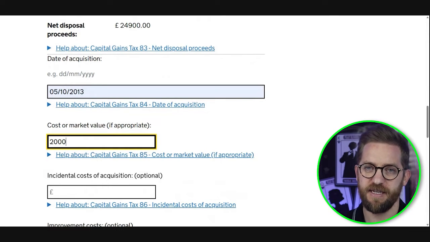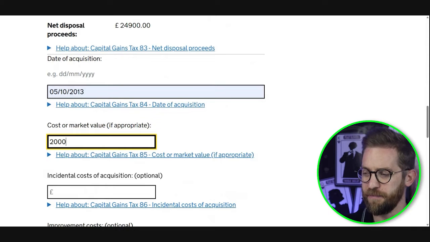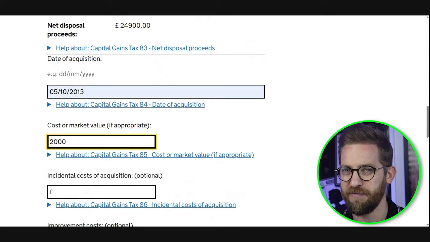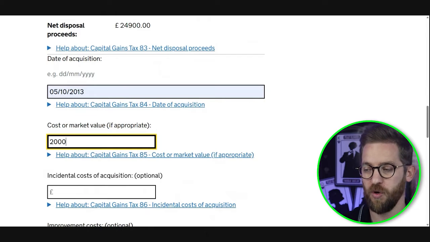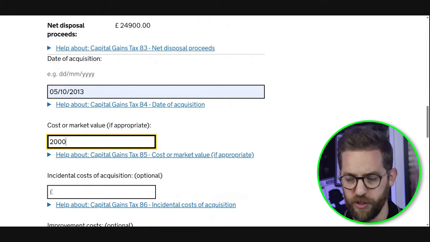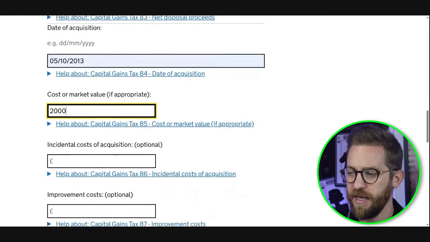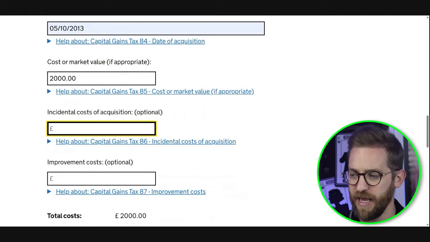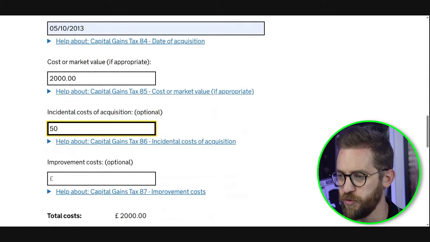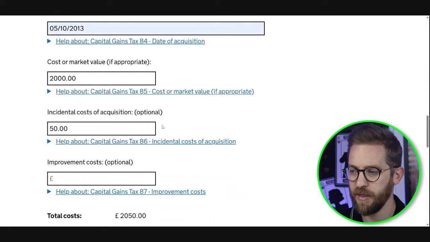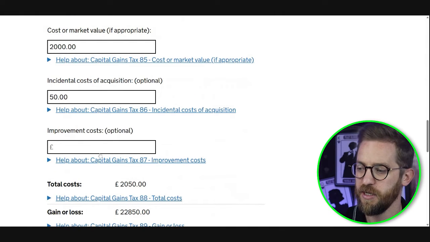If you're gifted an asset or you receive it by some other means, then sometimes you won't have a cost, in which case you'll normally need to use the market value at the date that you took ownership or you received them. Incidental costs and acquisition. So again, I might have had to pay maybe £50 to an agent to acquire those shares back then. And again, that will get deducted off my total or added on to my total cost.